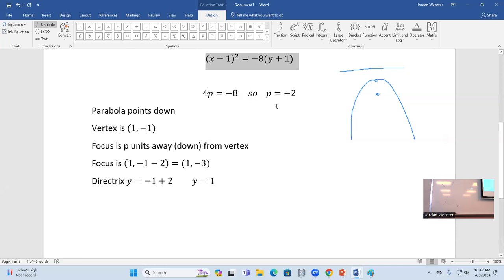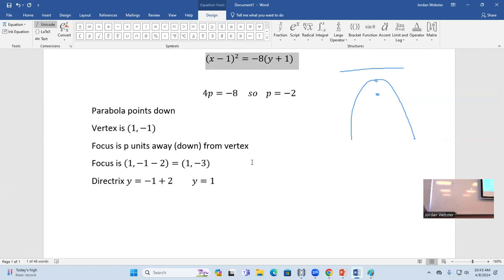Once I do that, I read off the vertex, and then I decide whether the focus is going to be up, down, left, or right. If it's up or down, I'm changing the y value from the vertex. If it's left or right, I'm changing the x value from the vertex.